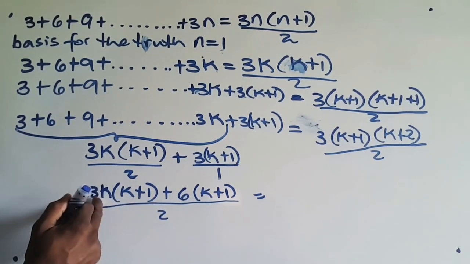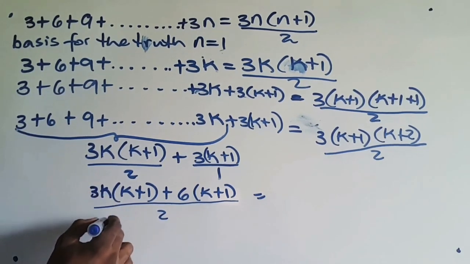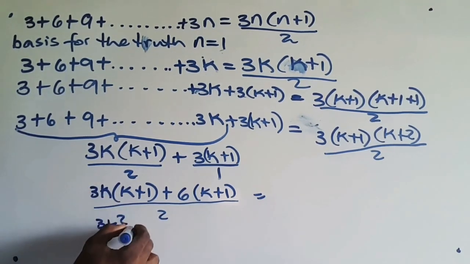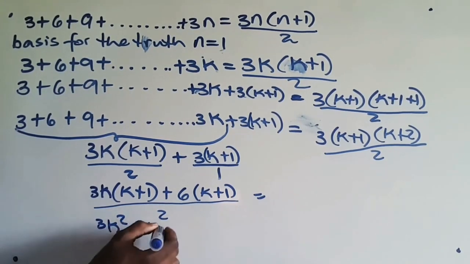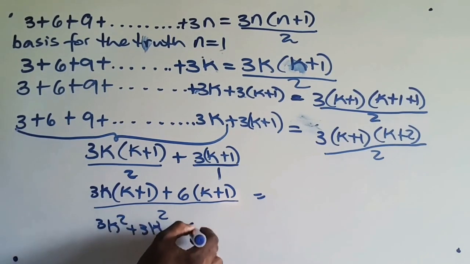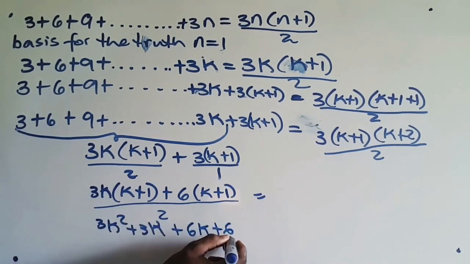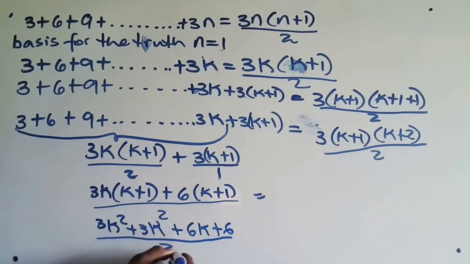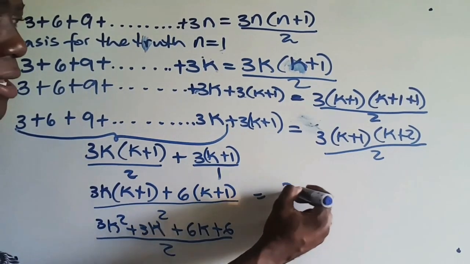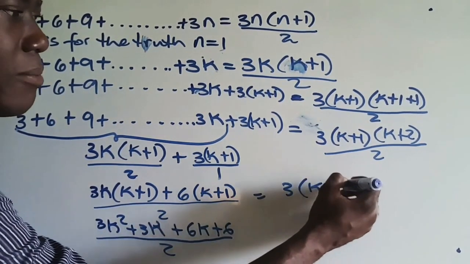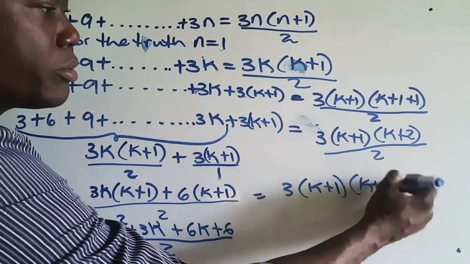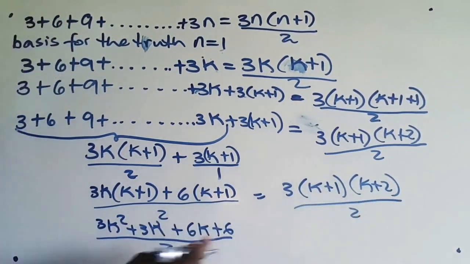So what I'm looking at now is 3k squared plus 3k, so that's 3k squared plus 3k plus 6k plus 6. All of this is over 2. And it should equal to 3 times k plus 1, k plus 2, all over 2. This should be that when I'm finished.